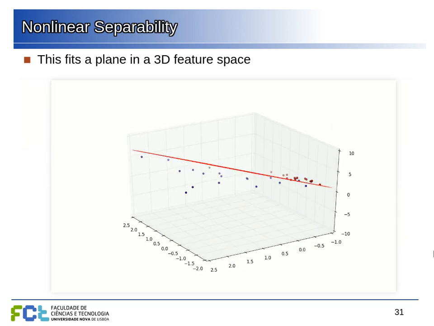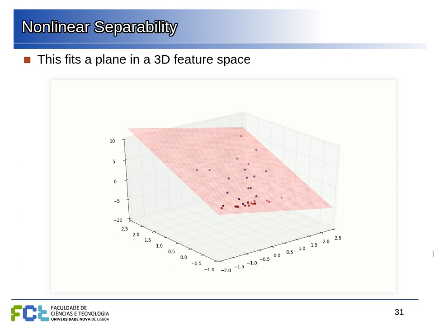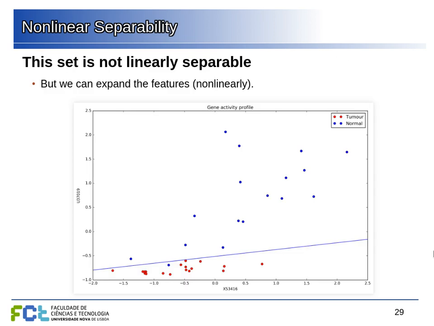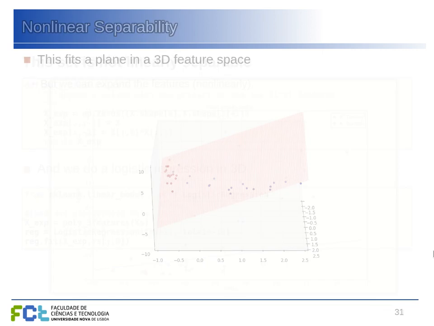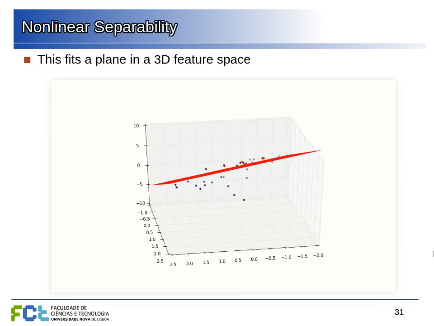So we had this data set, but when we add an extra feature by multiplying these points, we will curve this surface, because now we're doing a nonlinear transformation. So now the data points are on a slightly curved surface in 3D.